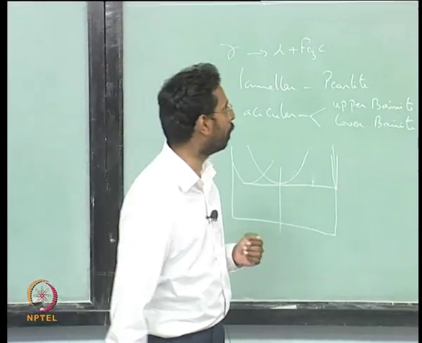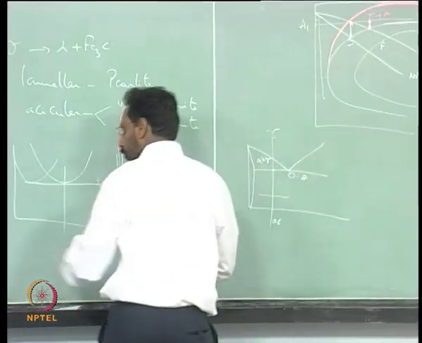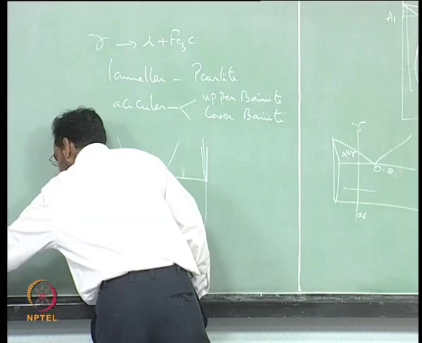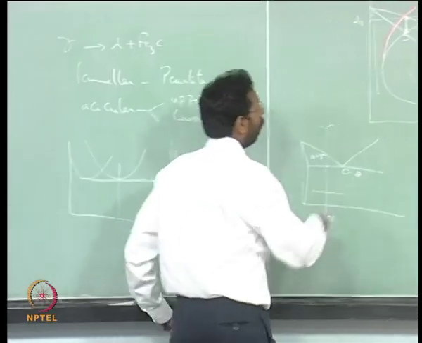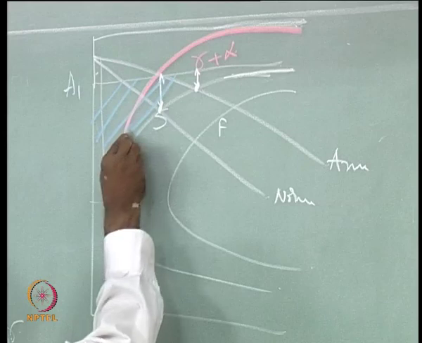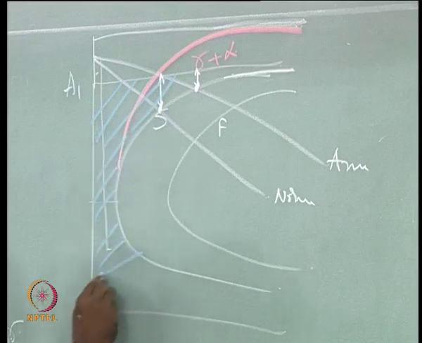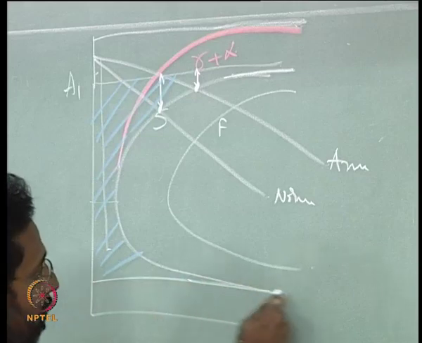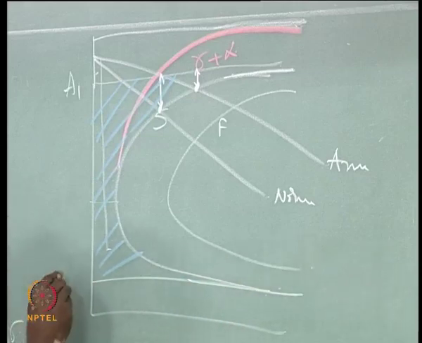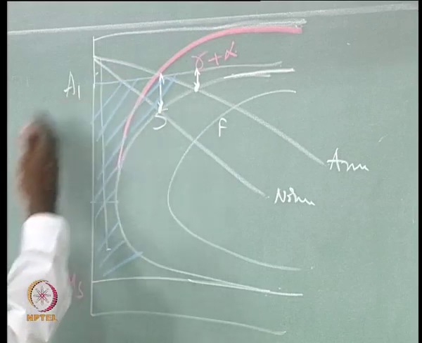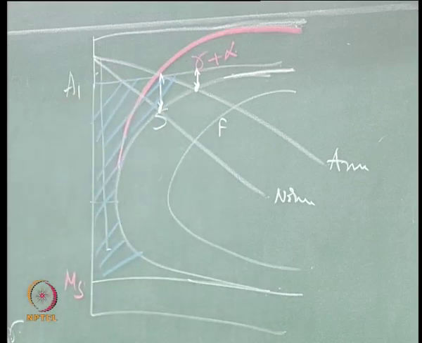So all the gamma that you see until you reach the MS temperature, the whole left of this curve, is all metastable gamma. Gamma is there, but it is not a stable gamma.